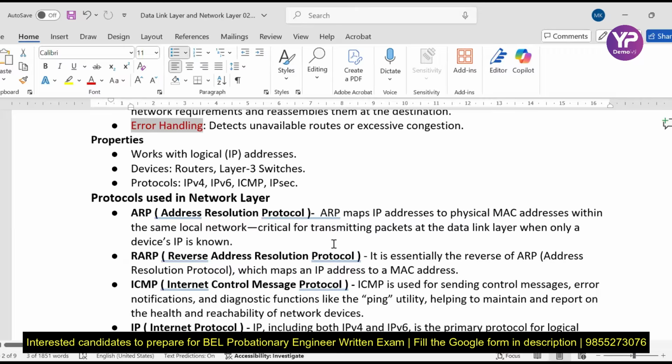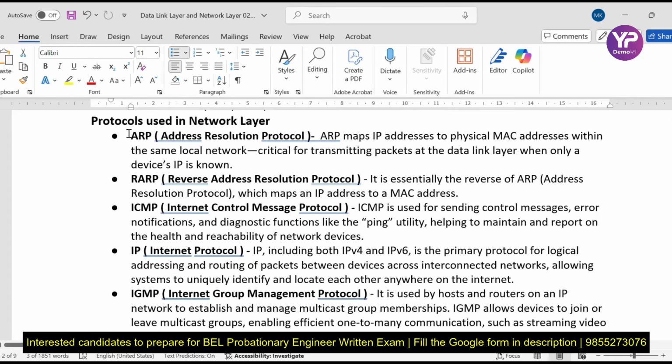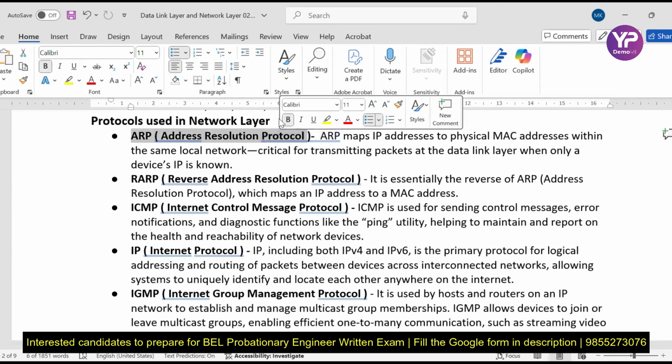So what are the different protocols used in the network layer? Mainly we use four protocols at the network layer: ARP, RARP, ICMP, and IP.